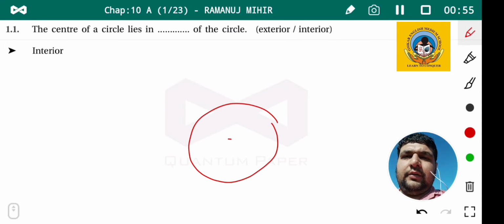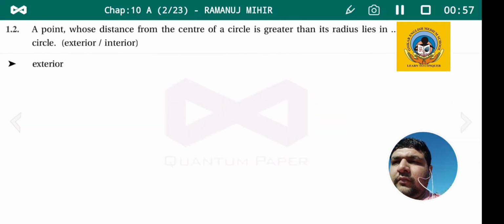Okay, now the next question: a point whose distance from the center of a circle is greater than its radius lies in blank of the circle. It is called the exterior part.